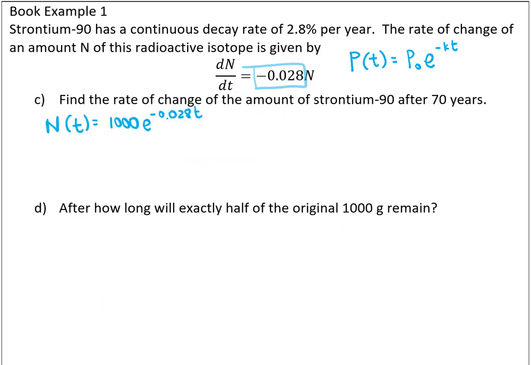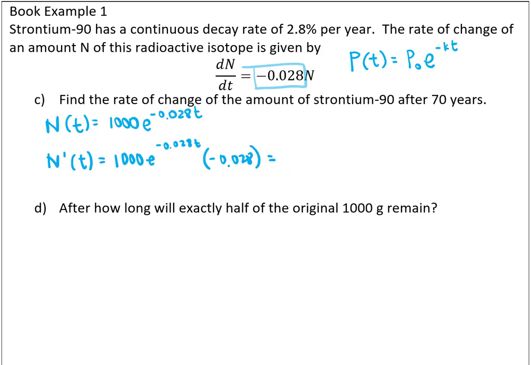Part C asks us to find the rate of change of the amount of strontium-90 after 70 years. So first, we have to take the derivative of N of t. So N prime of t would give us 1000 times e to the negative 0.028t, and then the derivative of that would be negative 0.028.